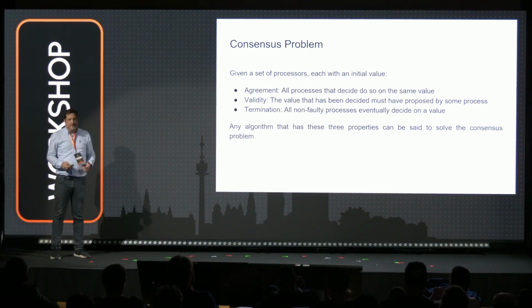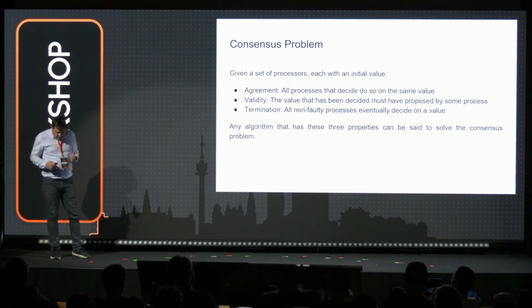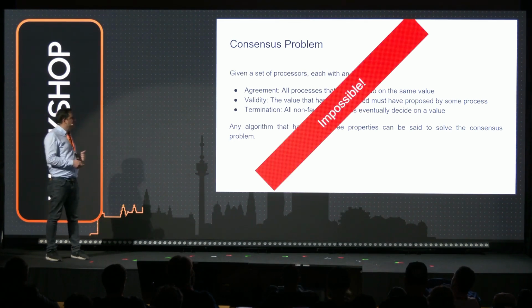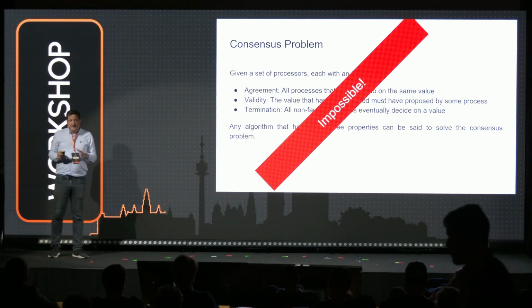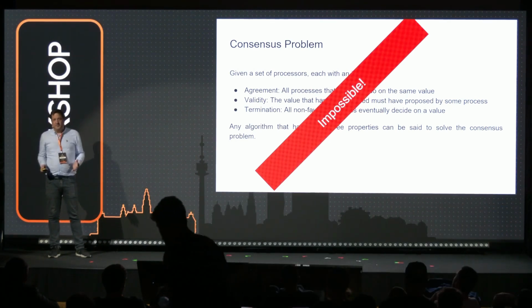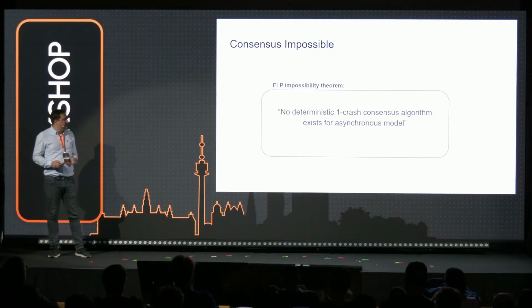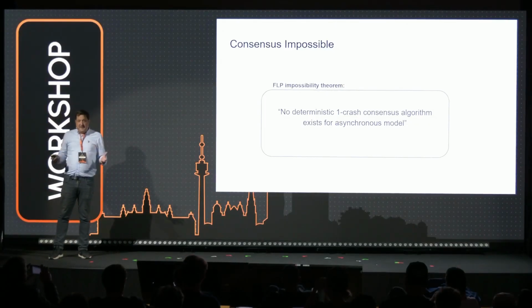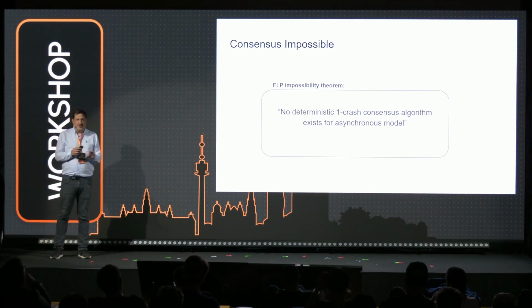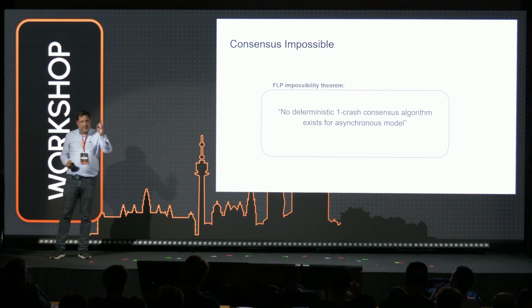It's been studied in the 1980s. And what I think is particularly interesting is that this actually, unless you make some assumptions, is impossible. And that might be quite news to some people, but this comes from the famous FLP impossibility theorem. And it says, if we have a deterministic algorithm, that's our consensus algorithm, and we don't assume anything about timing, all we need is one of the nodes to crash, and we can't solve the problem.